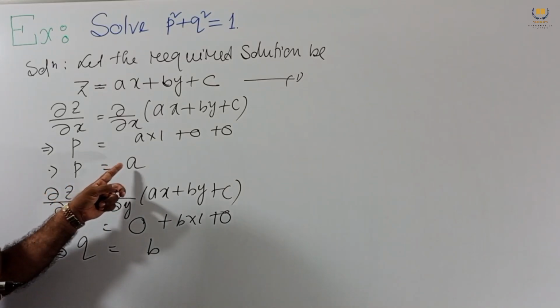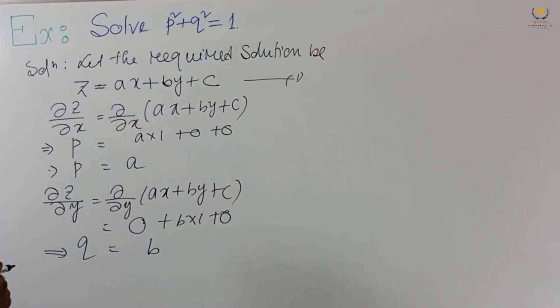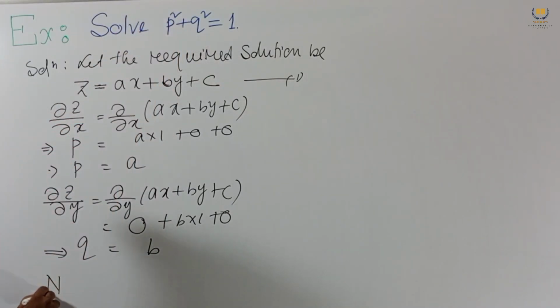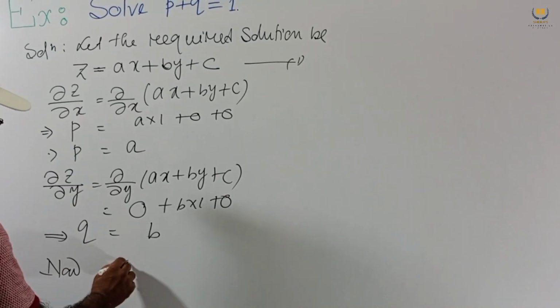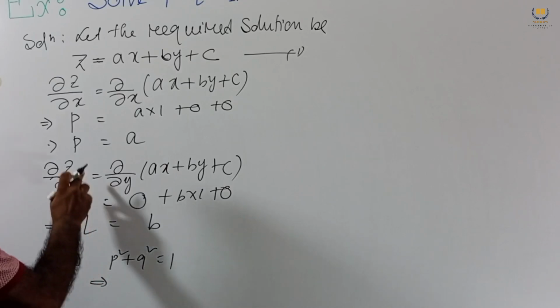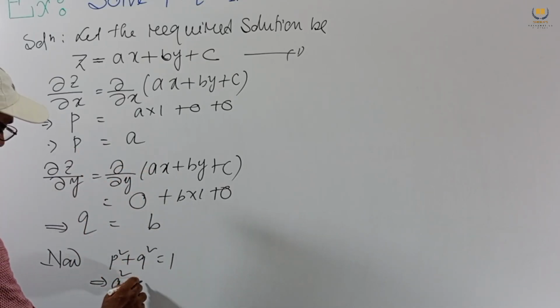Now putting the values of a and b in equation number 1. In p square plus q square equal to 1, we get the value of p is a, and q is b, so a square plus b square equal to 1.